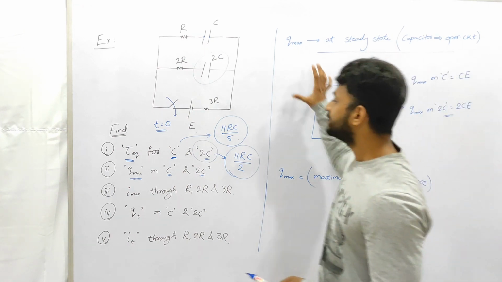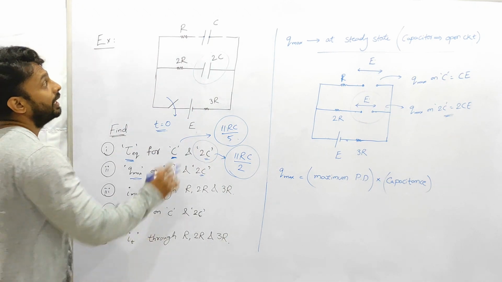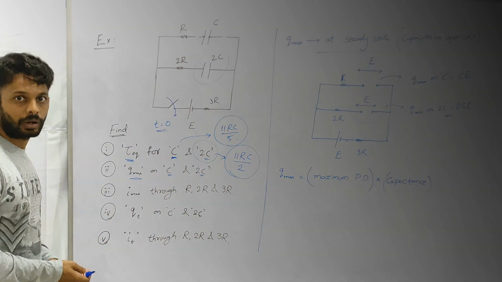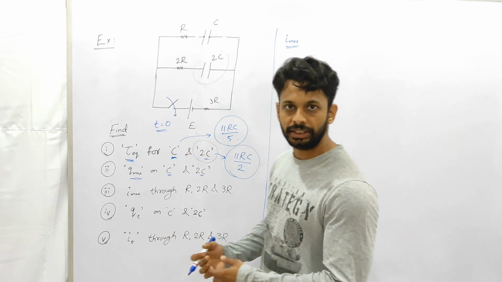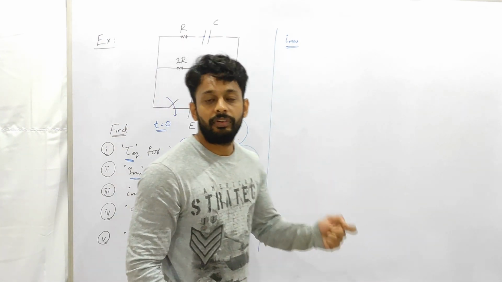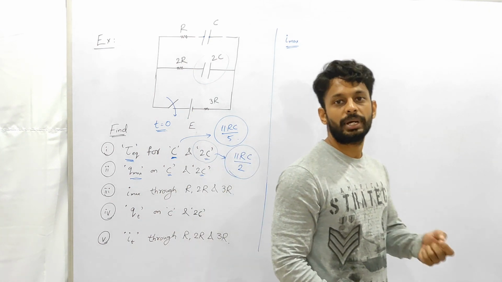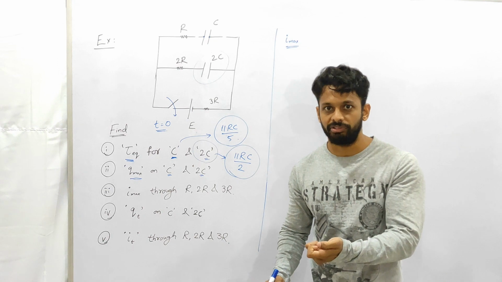Alright. Next we see how to find out the I max, that is the maximum current passing through any branch of the capacitor. Okay, now let's see how to find out the I max. By the way, when do you get the maximum current in the circuit or through any branch of the capacitor? When the potential difference across the capacitor is the smallest possible value, that is 0.